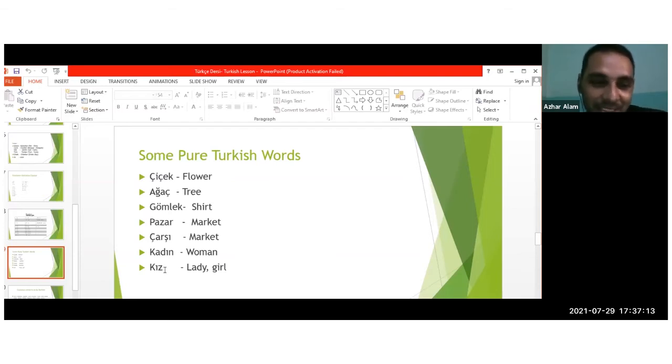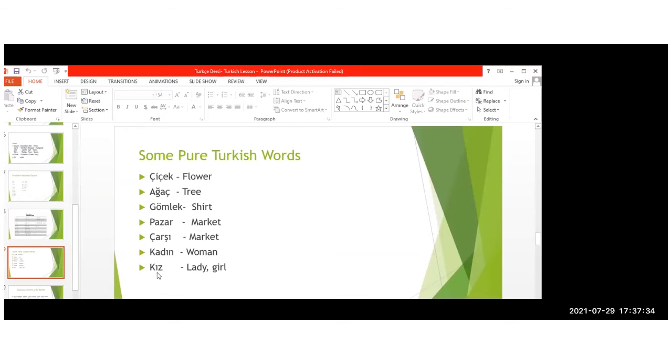Actually, we have this letter like Kadin. I am not pronouncing it longer. Like Kadin, we do not have the dotted I. When we do not have the dotted I, we say Kadin. And the same applies here. Kiz. We are not saying kiz.